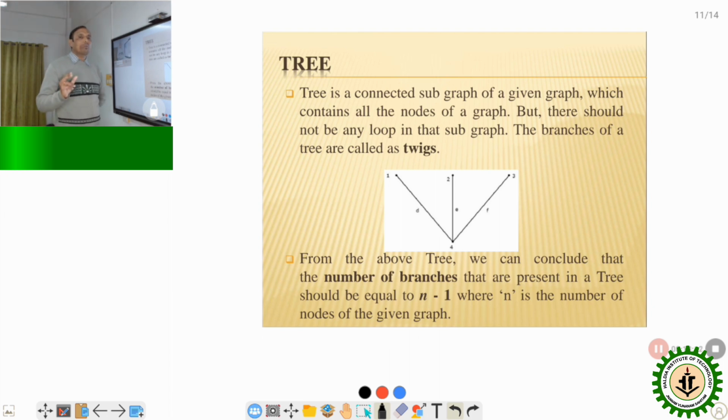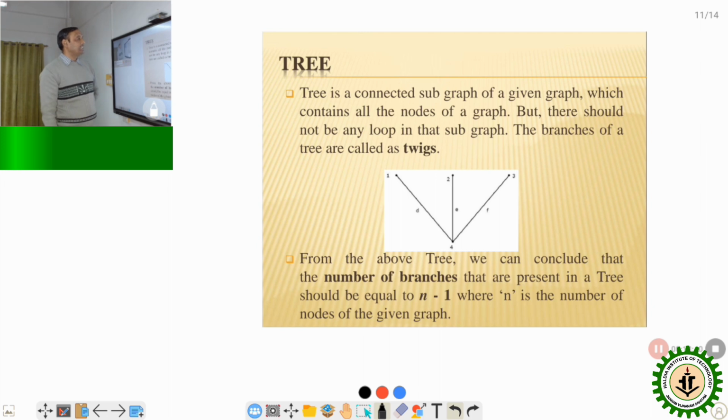So that graph is totally open, no closed loop is present there. If we can design such a subgraph, then it is called a tree. So a tree does not contain any loop, but definitely will contain the same number of nodes with respect to the original graph.